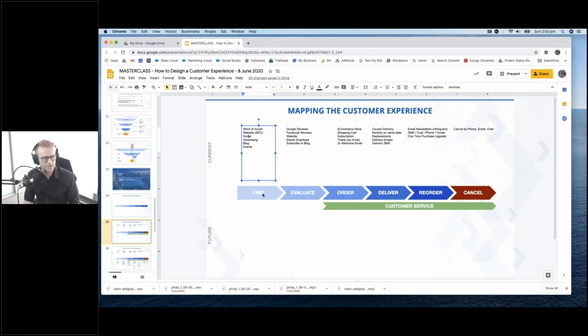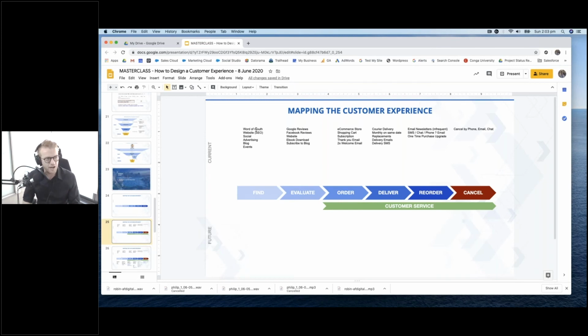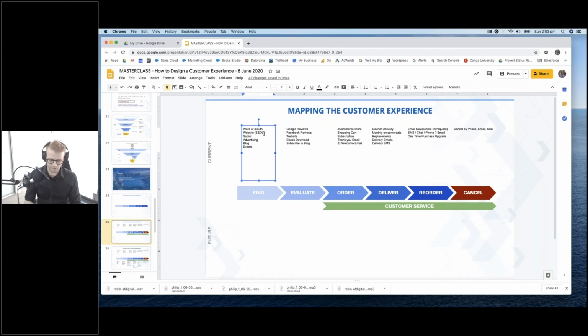So across these different stages, find, evaluate, order, deliver, reorder, it's a fairly normal e-commerce life cycle. Find: he had word of mouth and web SEO, which was doing really well, 45%. Social ads, blog, events, and with ads, it was a bit of paid and a bit of search, social, and display.